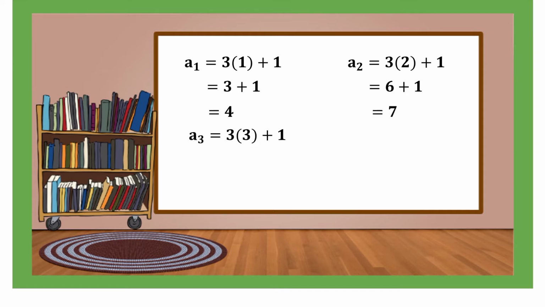And if n is equal to 3, we have 3 times 3 plus 1. 9 plus 1, and the answer is 10. And if n is equal to 4, we have 3 times 4 plus 1. 12 plus 1, and the answer is 13. The finite sequence is denoted by 4, 7, 10, 13. Hence, the nth term is defined by a sub n equals 3n plus 1.